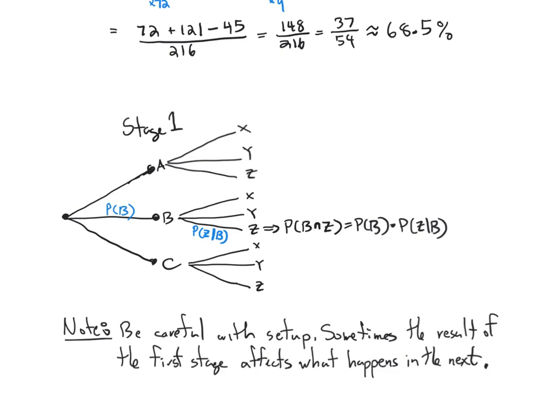And similarly, if you had multi-stage experiments, I guess this we can write down as stage 2. If you have more stages than 2, the result of what happens in stage 2 might affect the probabilities in stage 3, for example. So, be careful when you're setting up the experiment to make sure you're taking that into account. Remember that these are conditional on what happens in the previous stage.